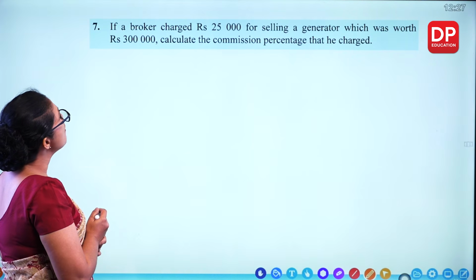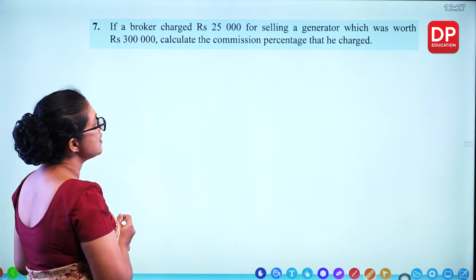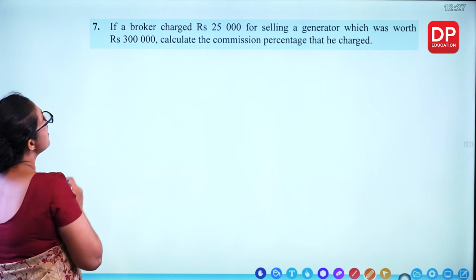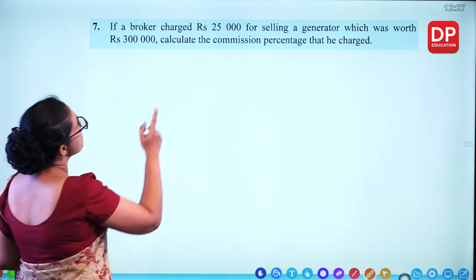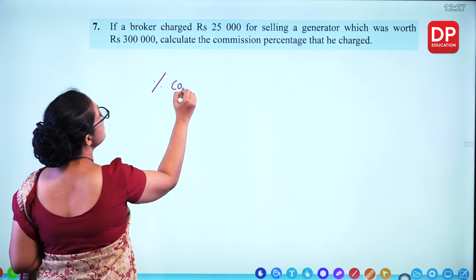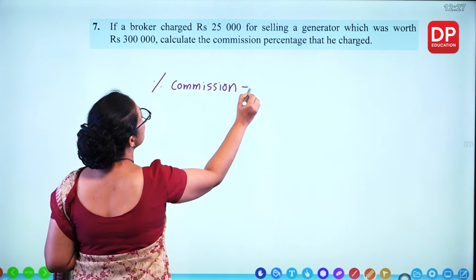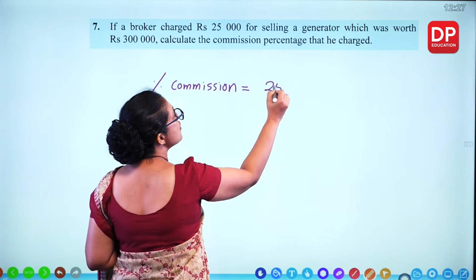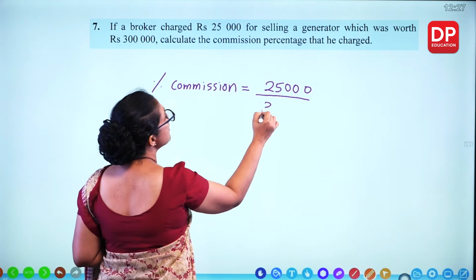Question number 7. If a broker charged 25,000 for selling a generator which was worth 300,000 rupees, calculate the commission percentage that he charged. So what's the percentage commission? 25,000 rupees from 300,000.